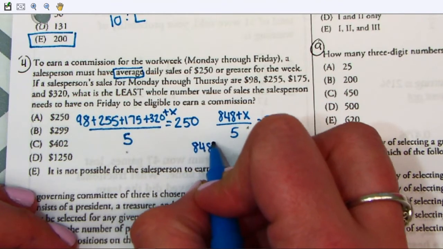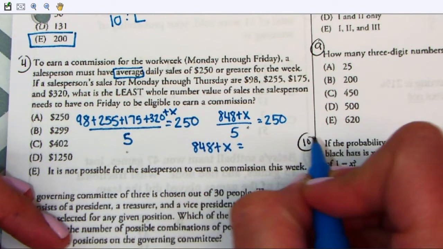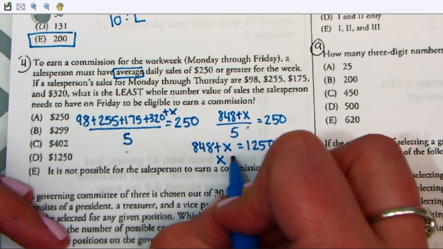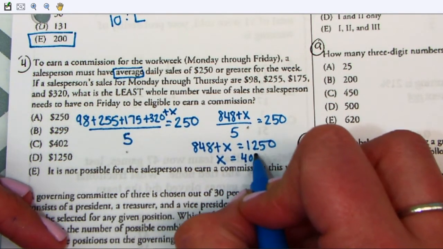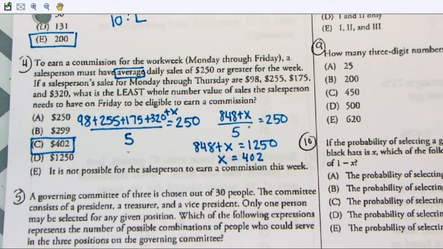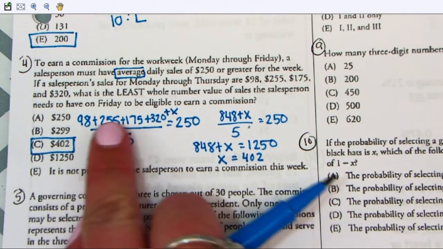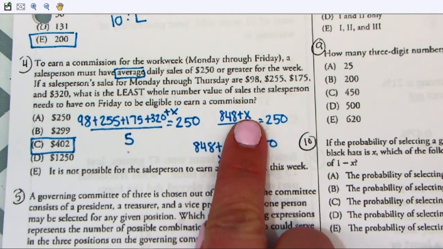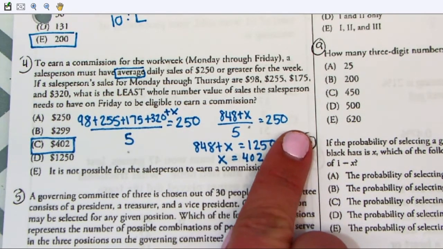So I get 848 plus X equals 1250. Subtracting 848, I get 402. So he must make $402 on Friday in order to earn his commission. So again, you could calculate this, add it together, and just kind of simplify, like take your answer choices and plug it in and see if you get 250, or you can build an equation.